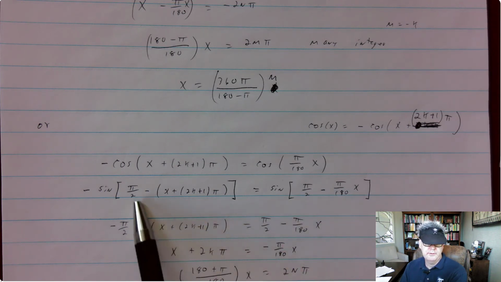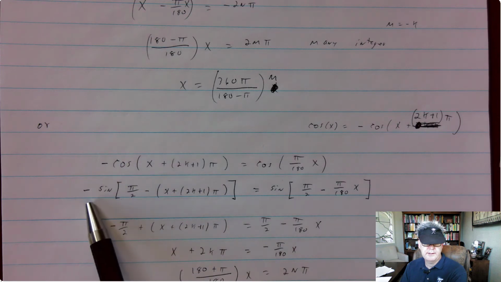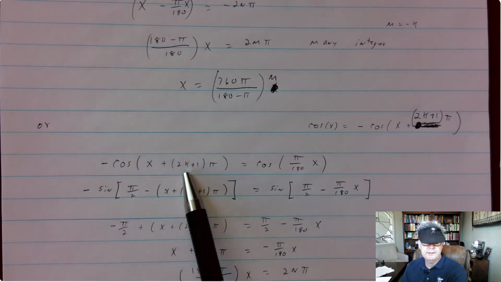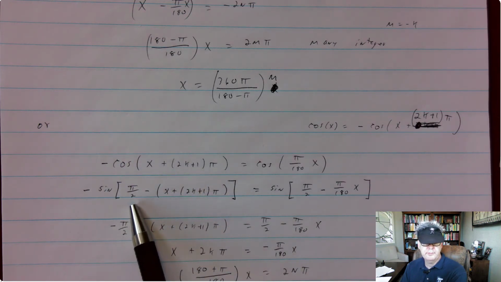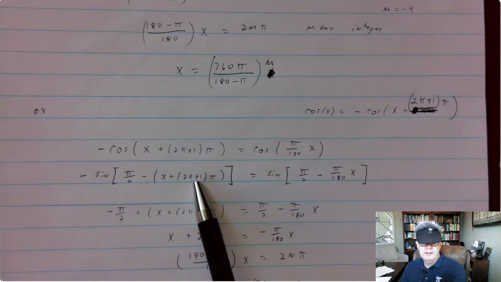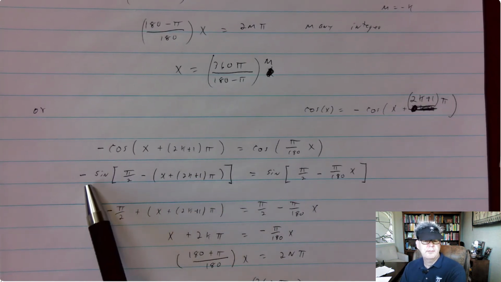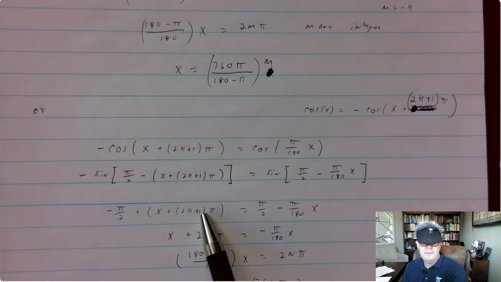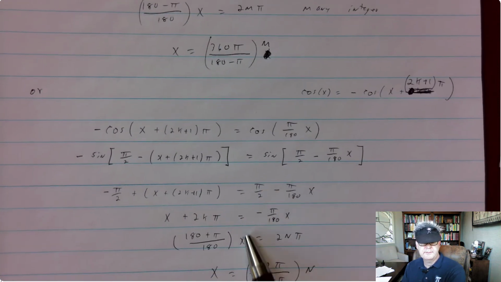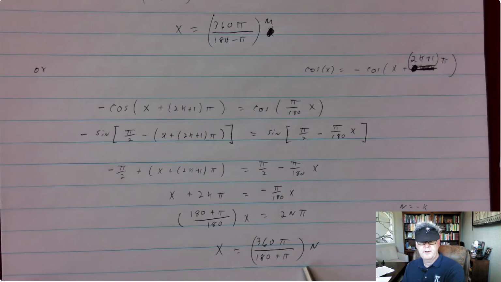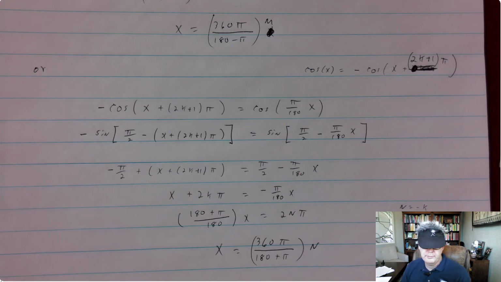And so I did it here too. So cosine, just keep the negative factored out. Cosine of this angle is the same as sine of pi over 2 minus that angle. And now that I have it in sines, I can bring this minus in and then equate the arguments, and I get the other values. So those are the full values for cosine.